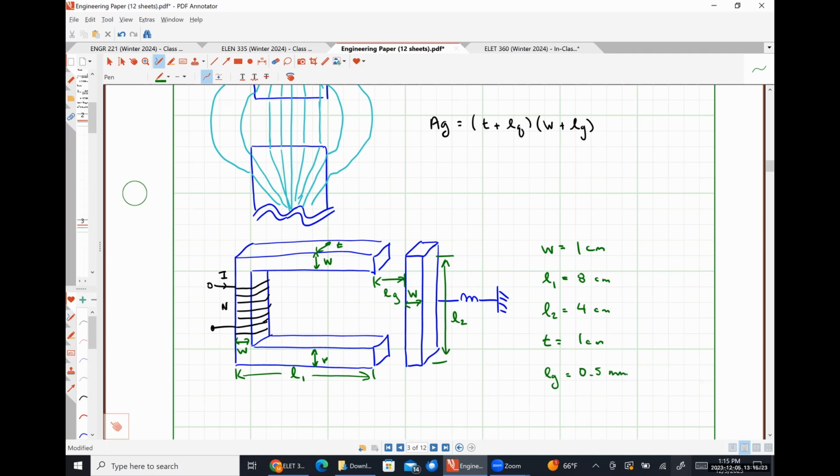Remember that our air gap needs to be small compared to the cross-sectional area or the dimensions of our core in the region of the gap in order for us to be able to actually sustain magnetic flux crossing that air gap. Okay.